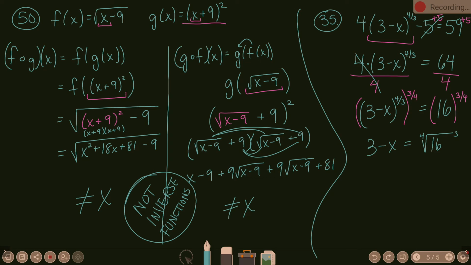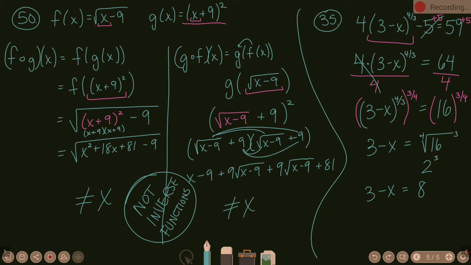That's on our blue paper, isn't it? 4th root of 16 is 2. And then we're doing 2 to the 3rd, and 2 to the 3rd is 8. 2 times 2 is 4, times 2 is 8. So then I have the very basic equation, finally, of 3 minus x equals 8.